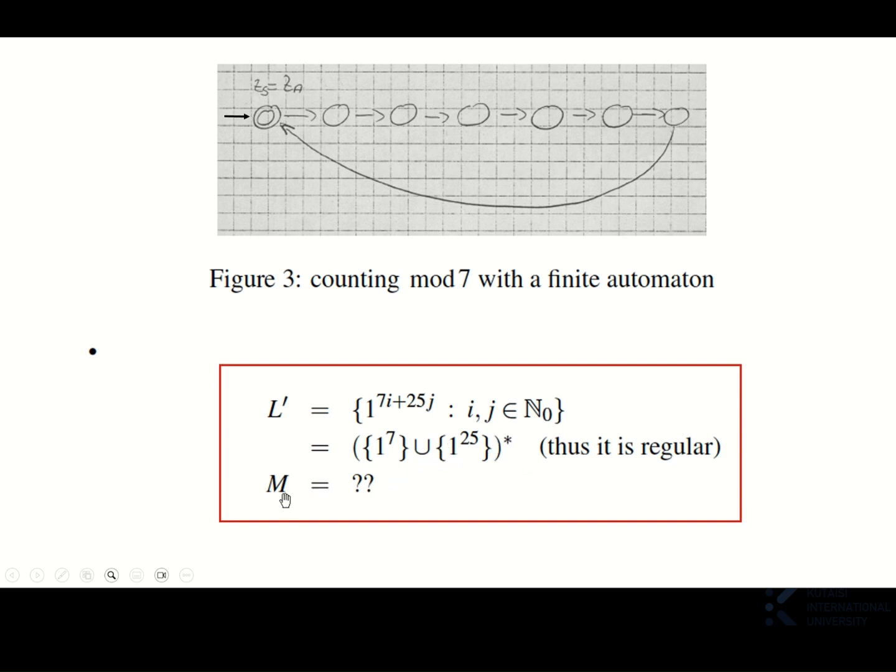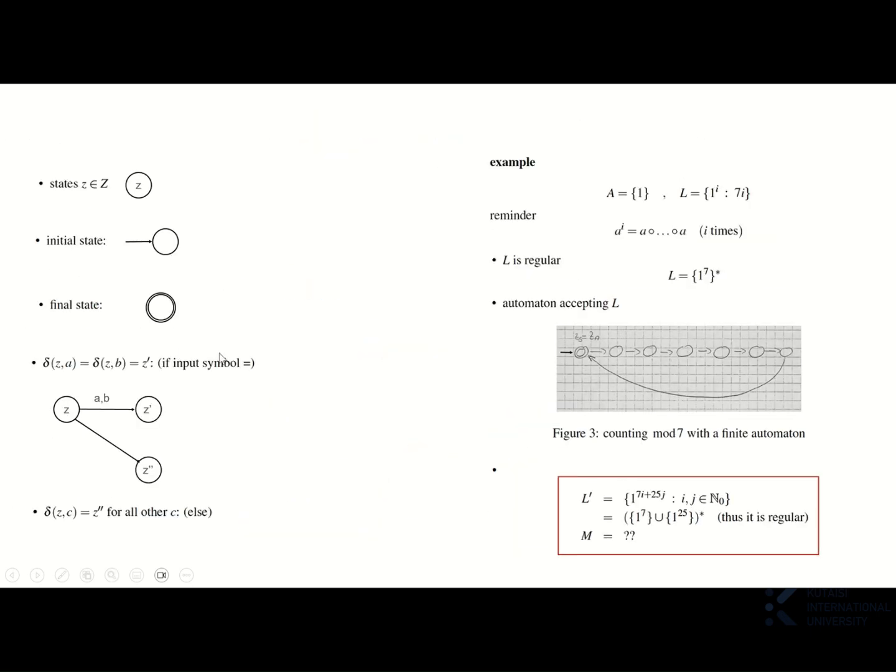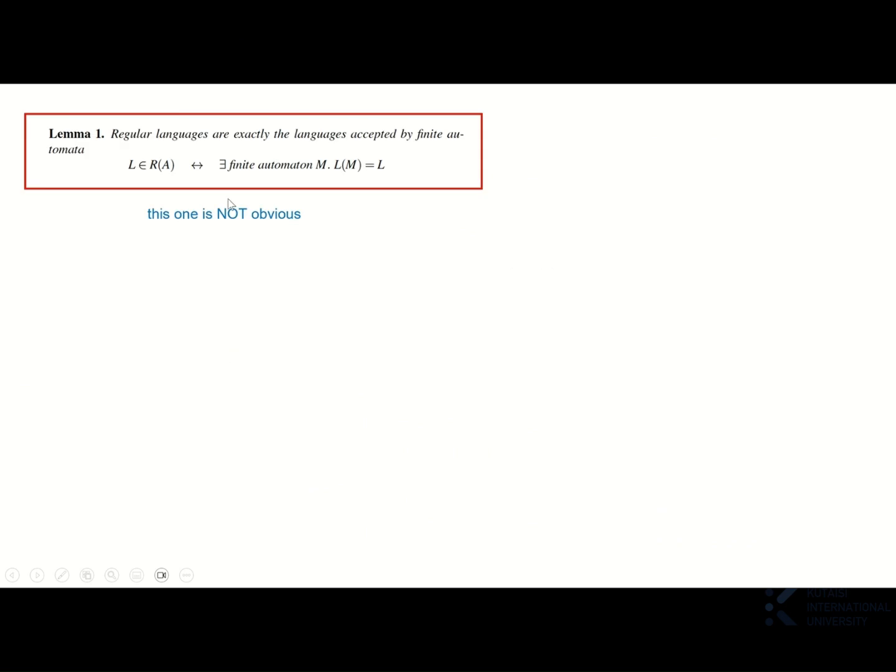So it's clearly regular because you can write it as a union and a star. However, the question is, can we build a DFA that exactly accepts this language and nothing else? The spoiler last time was that we indeed can. The lemma that we're going to prove in the next couple of lectures is that regular languages, by definition the languages that can be written with union, star and so on, are exactly the languages accepted by finite automata.